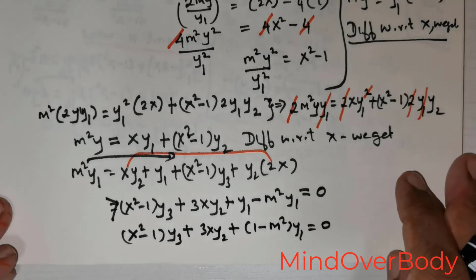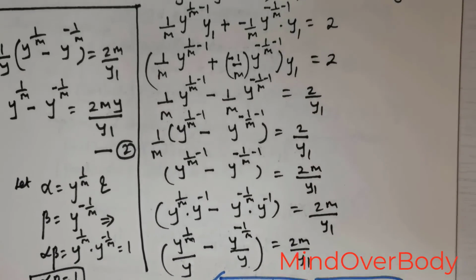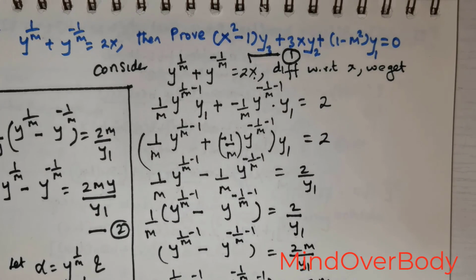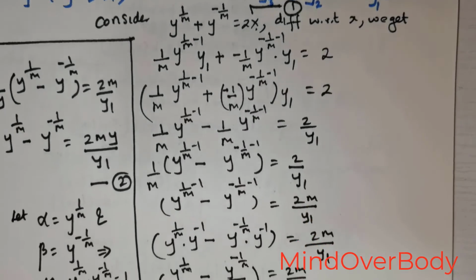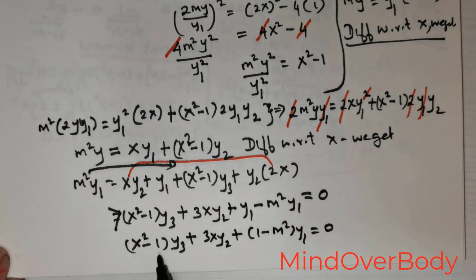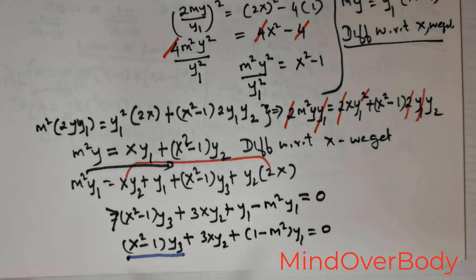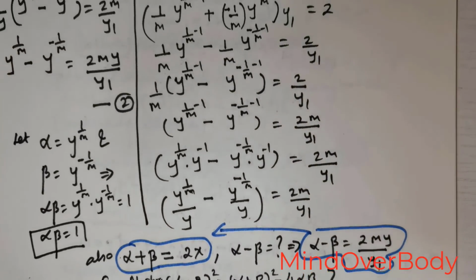Now let us check with the original system what we were given. You can see that clearly: x squared negative 1 times y3, so that check is fine, and we will have to go and check the other quantity. So let me do that.